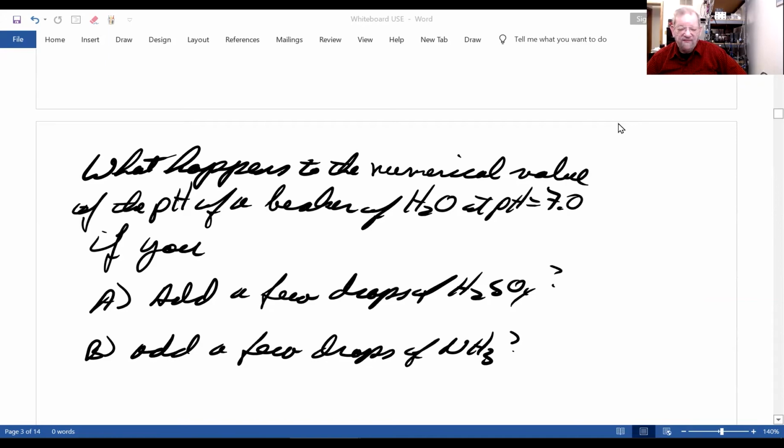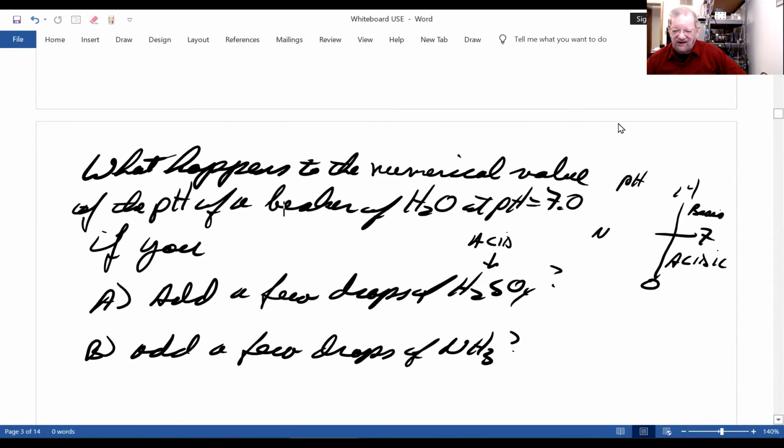All right. First of all, you should know, and I've talked about this, H2SO4 is an acid. You should also know the pH scale. Below 7 is acidic, above 7 is basic, and 7 is neutral.